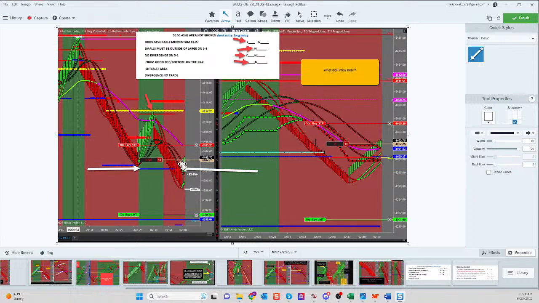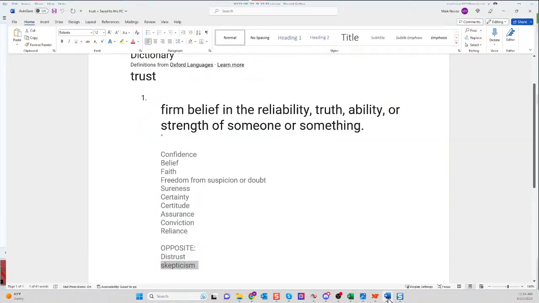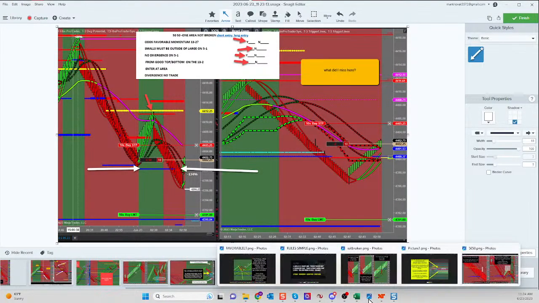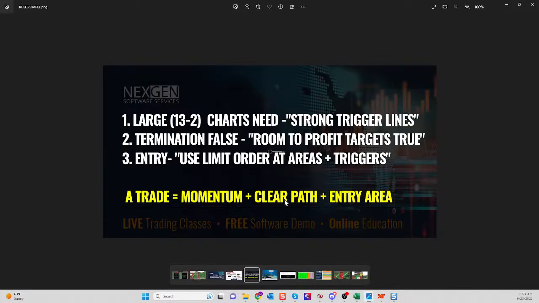Your small triggers are broken, but your large haven't. It means that you don't have a clear path. Are you with me so far on that? You're sacrificing the advantage of a clear path. Rule number 2 is not met.